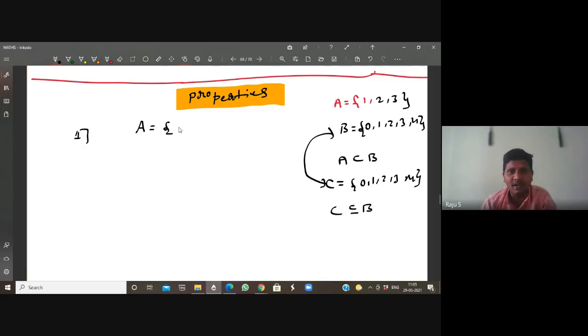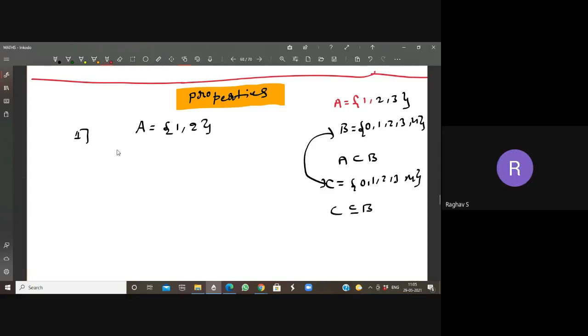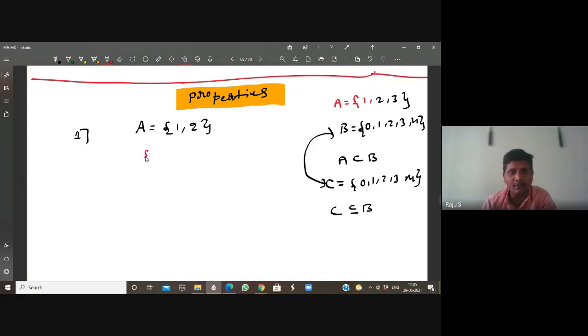I will write here, for example, A equal to {1, 2}. What are the subsets of this A? {1}, {2}, then null. {1} is a proper subset, {2} is a proper subset, and null.